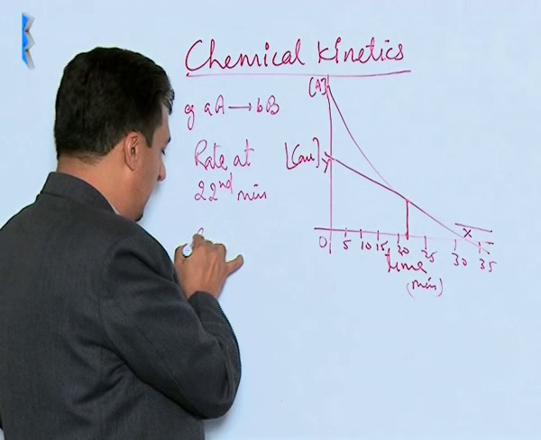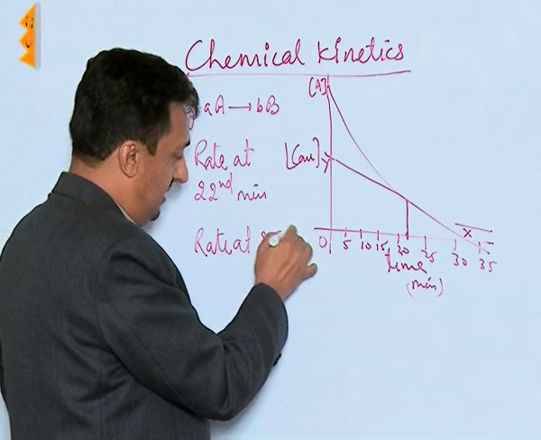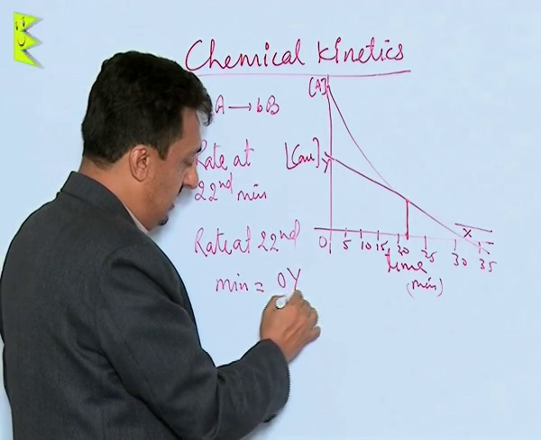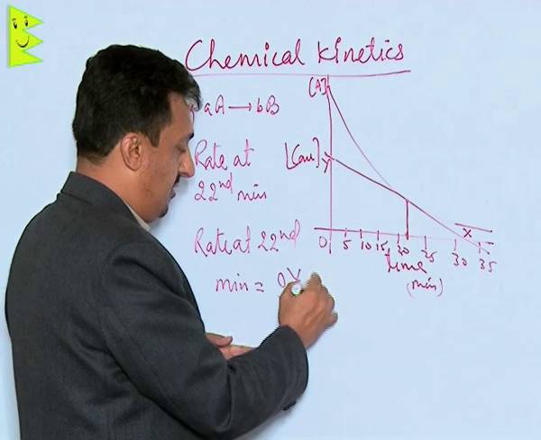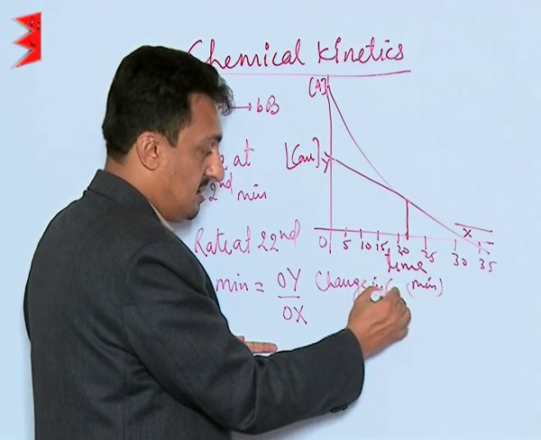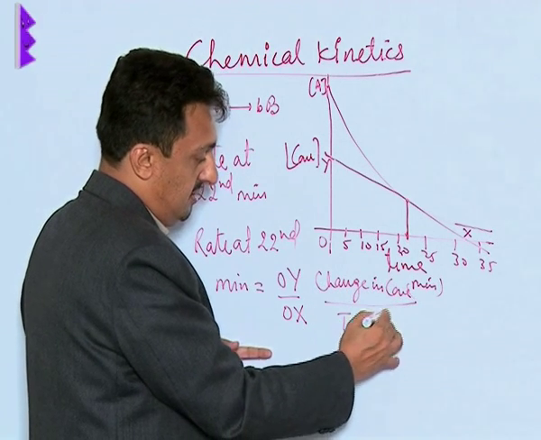So we can find out the rate at 22nd minute as OY upon OX, because this will give us change in concentration upon time interval.